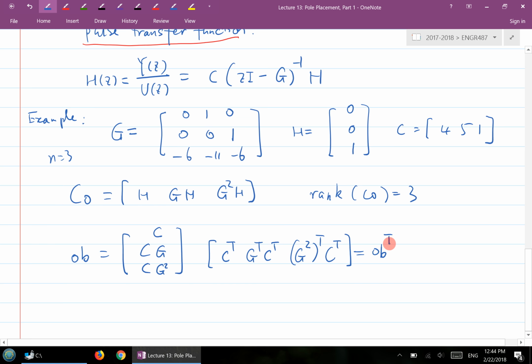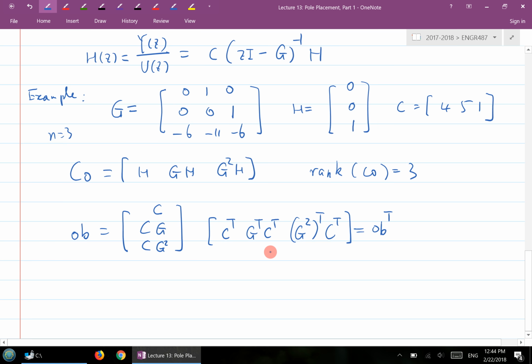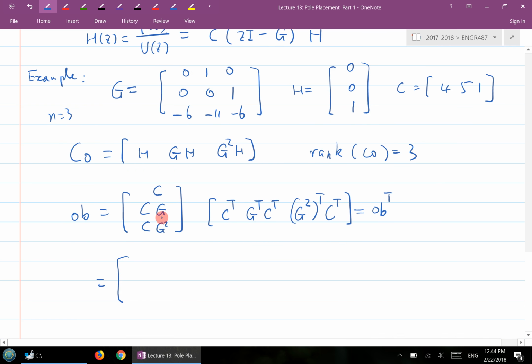You can choose either one of these to get the results. I think I used this one here, and I got the results, which is this. So that's your observability matrix here.